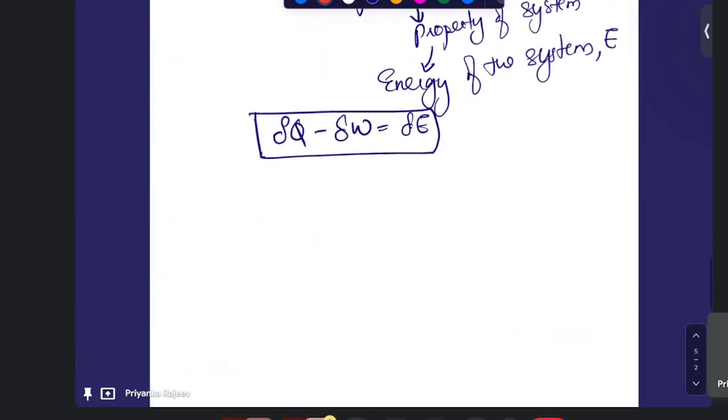Then this Q, this is how we write it, 1 to 2. So that will be written like this: Q 1 to 2 minus W 1 to 2 equal to E2 minus E1. Okay.